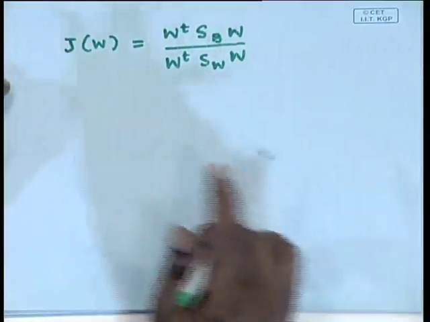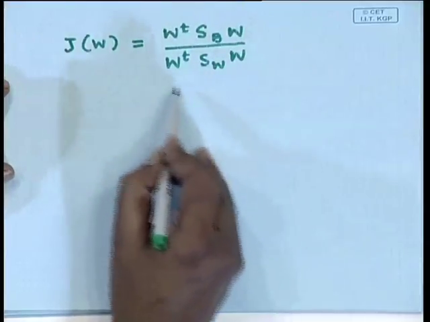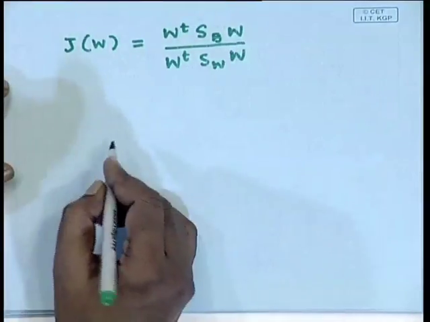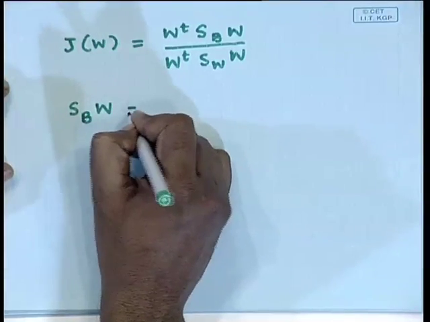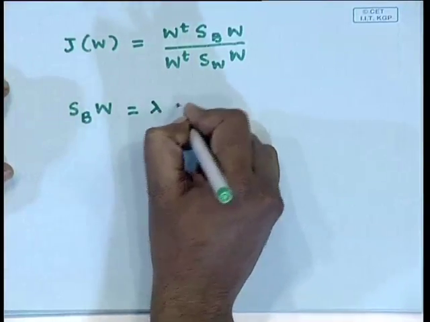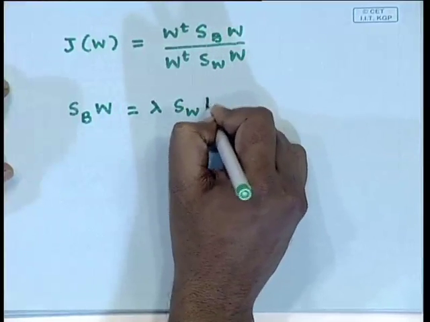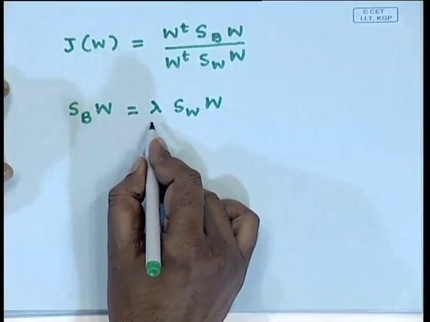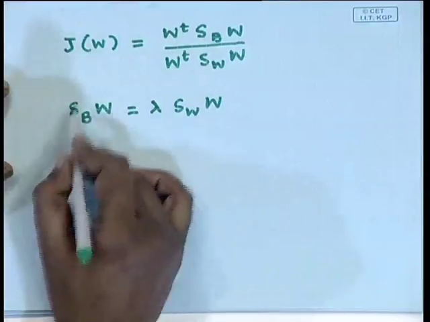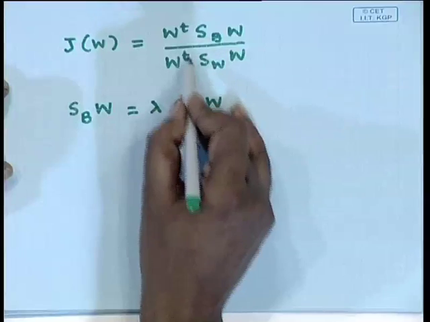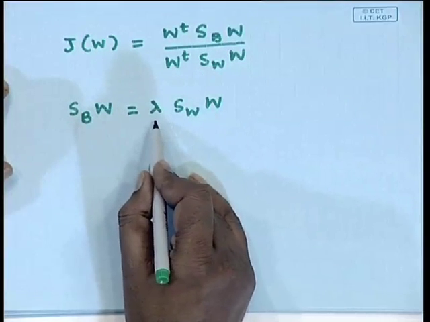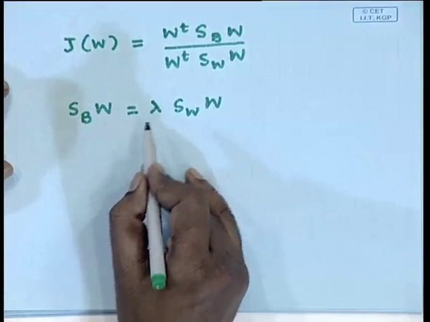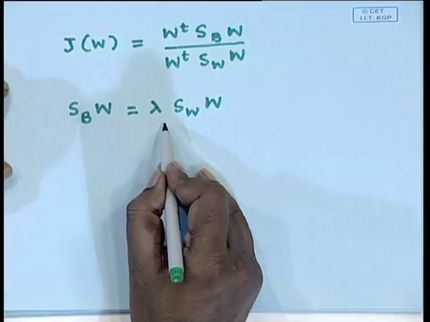A W which will maximize this ratio must satisfy S B W is equal to lambda S W W for some constant lambda. So, the W which maximizes this ratio must satisfy this condition for some constant lambda.